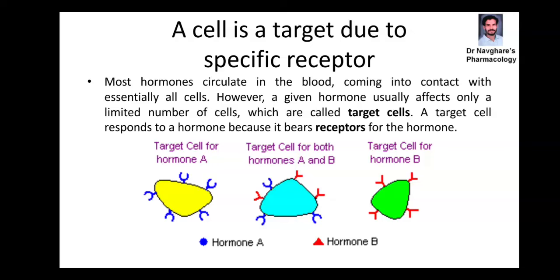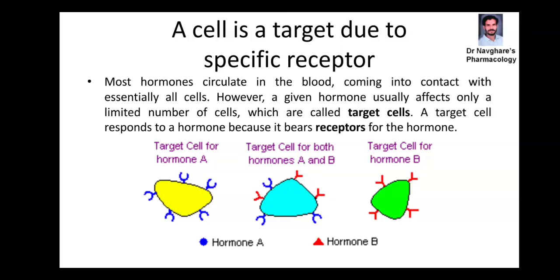So the yellow colored cell possesses a specific receptor for hormone A, while the green colored cell possesses a specific receptor for hormone B. Based upon the structural difference between hormone A and hormone B, their target sites vary, whereas the blue colored cell possesses both types of receptors.